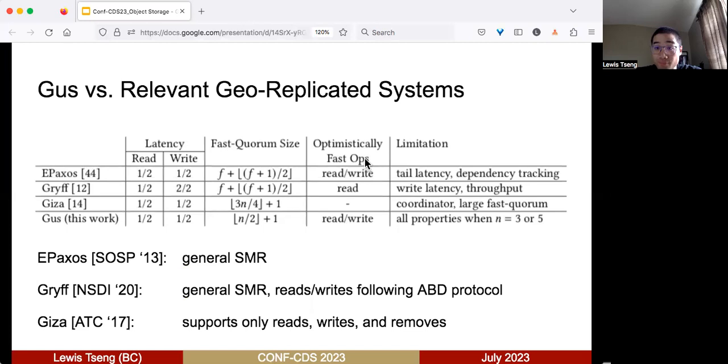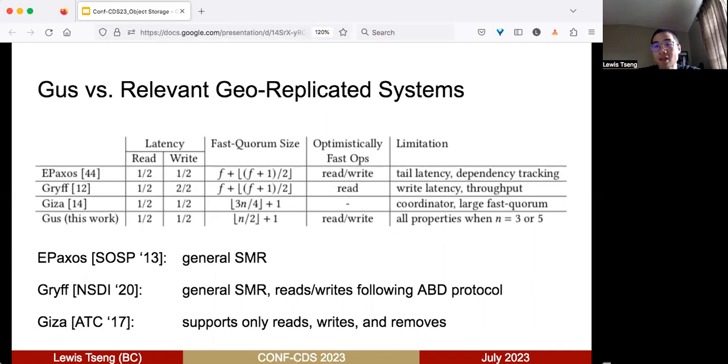And then this optimal commit latency, what it means is that for ePaxos it has both read and write, and for Grief it only has read because the write needs 2 round trips of latency. And for Giza, because the fast quorum size is too large, it doesn't achieve any. But for GOS, it achieves both read and write, and especially there's instant execution.